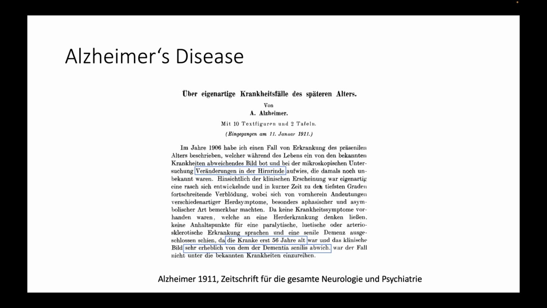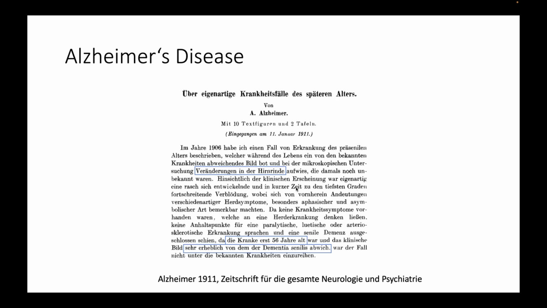So Alois Alzheimer found the first patient in the year 1907. He examined a patient, Auguste Deter, who suffered from severe memory deficits at a quite early age. So she was 56 years old, and this symptom with these severe memory deficits was known at that time, but only for older people.